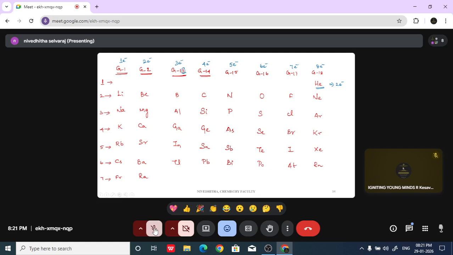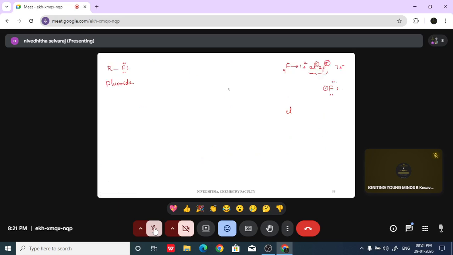That's it. Now, we saw fluorine, right? Now, I asked for chlorine. Chlorine is also in the 17th group, so 7 electrons. So it is very similar to our fluorine. All the halogens will have similar electronic configuration, similar Lewis dot structure, and a similar number of bond pairs and lone pairs.